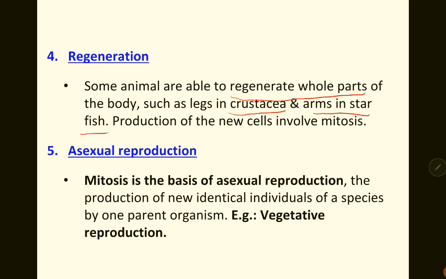Mitosis is the basis for asexual reproduction. For organisms that do not undergo sexual reproduction, asexual reproduction is the process they use to produce a new identical individual of a species from one parent organism. An example is vegetative reproduction, which occurs in plants.